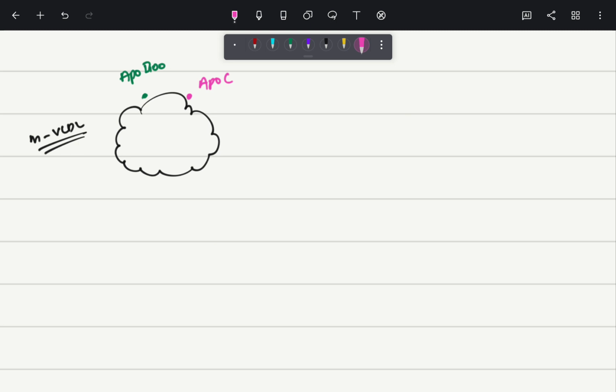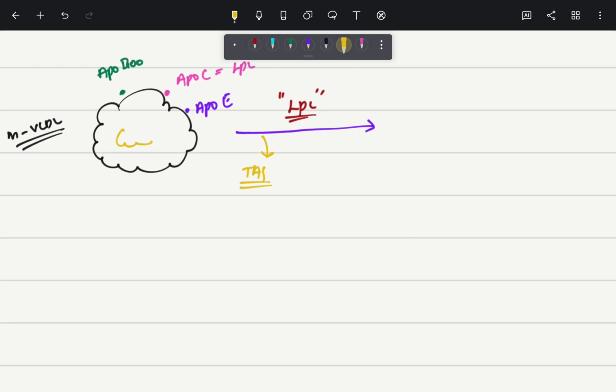Apoprotein C, which was required for the enzyme lipoprotein lipase, and the other apoprotein was your apoprotein E. On this mature VLDL, the enzyme lipoprotein lipase will work, and during this step, triacylglycerols present in the VLDL were getting extracted by the enzyme lipoprotein lipase.